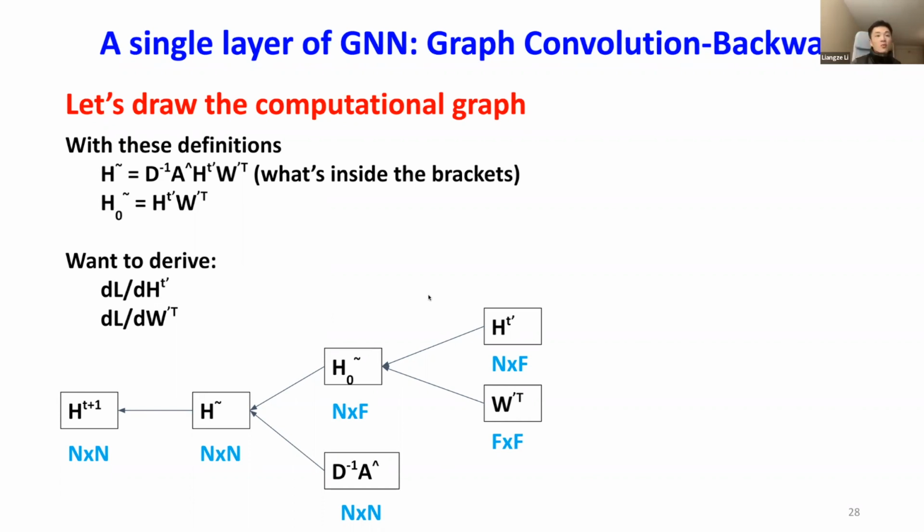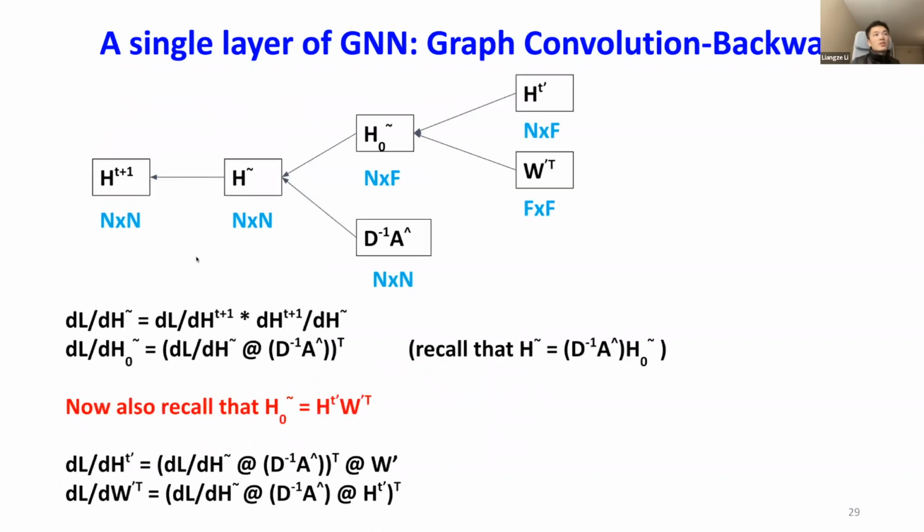Now let's get to the backward. Let's do it in reverse. So the first thing that we notice is that dL/dh tilde is just going to be dL/dh t+1 times the derivative of h t+1 with respect to h tilde. And why is that? That's because the only computation that happened between h tilde and h t+1 is the activation on this arrow over here, right?